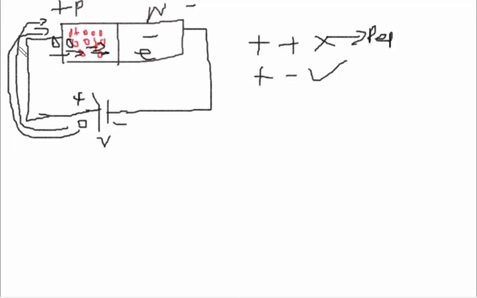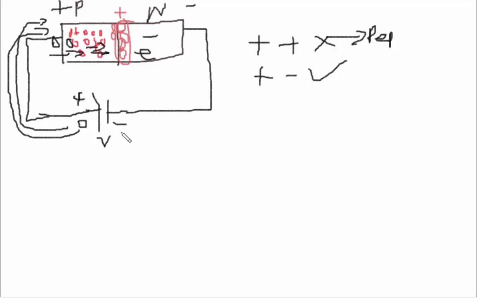Due to more holes coming here, all the holes start moving in this direction. Finally they go to this N region because of this repelling. Now positively charged holes are accumulated here.